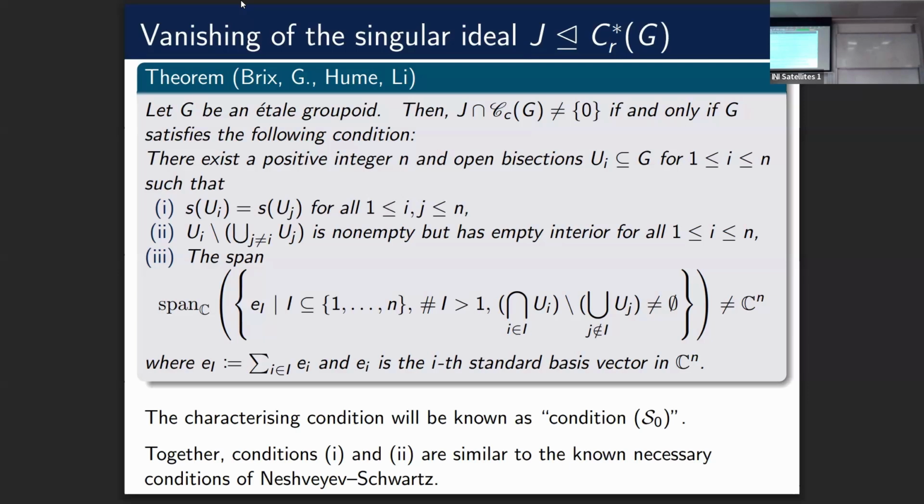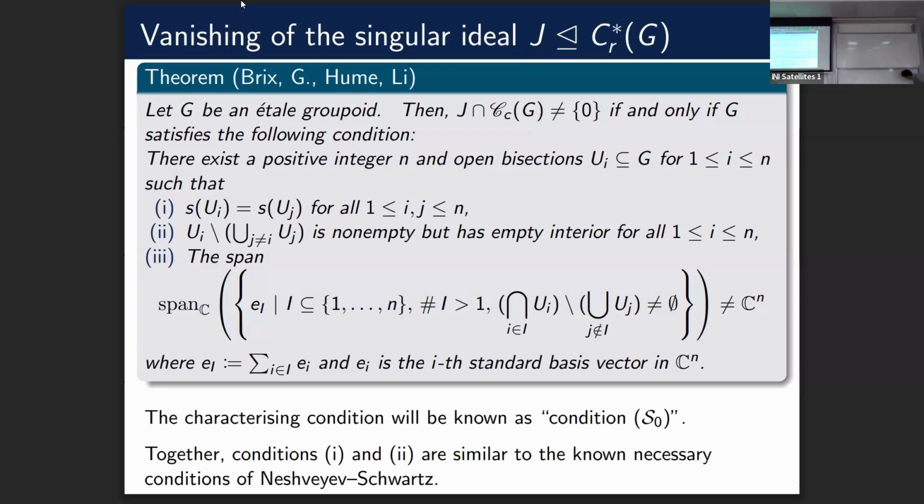Now, if we look at this groupoid, if you want to satisfy the first two conditions, you're more or less forced to choose the four bisections U1, U2, U3, and U4 that I mentioned earlier. You clearly don't have the same source. And if you take one and remove everything else, you're left with one of these middle points, so you satisfy the second condition. However, for the third one, you have six things in this set. And when you take the span, there's not enough cancellation, or in some sense, there's too much cancellation.